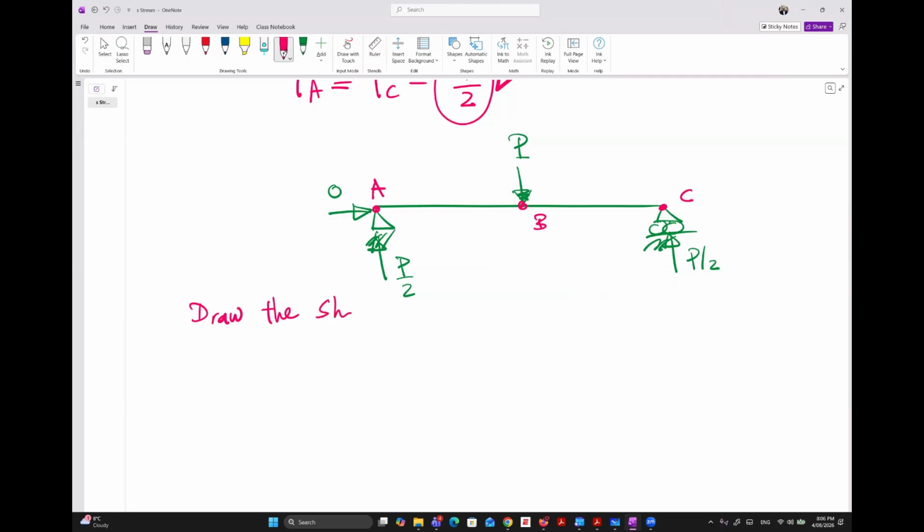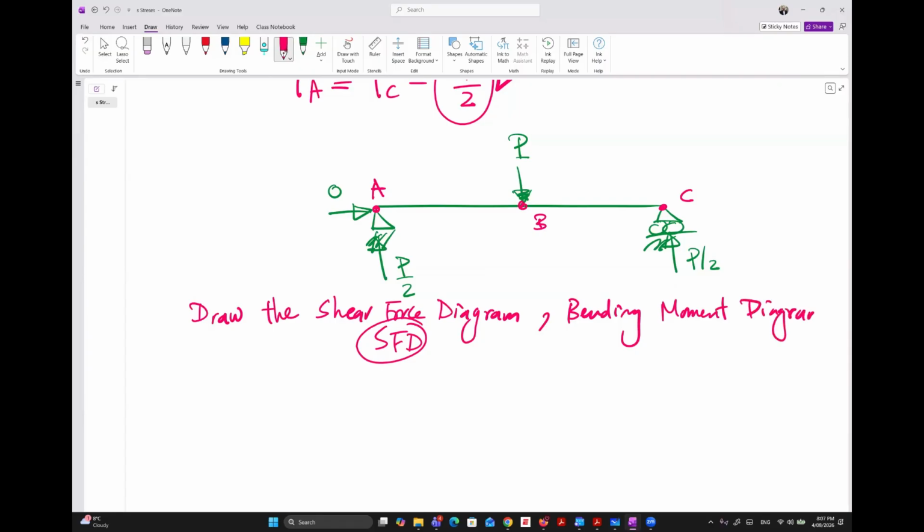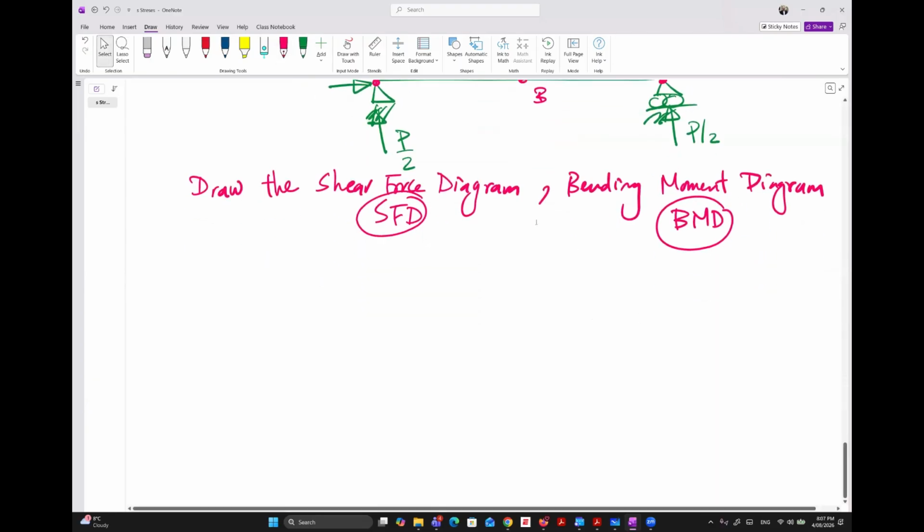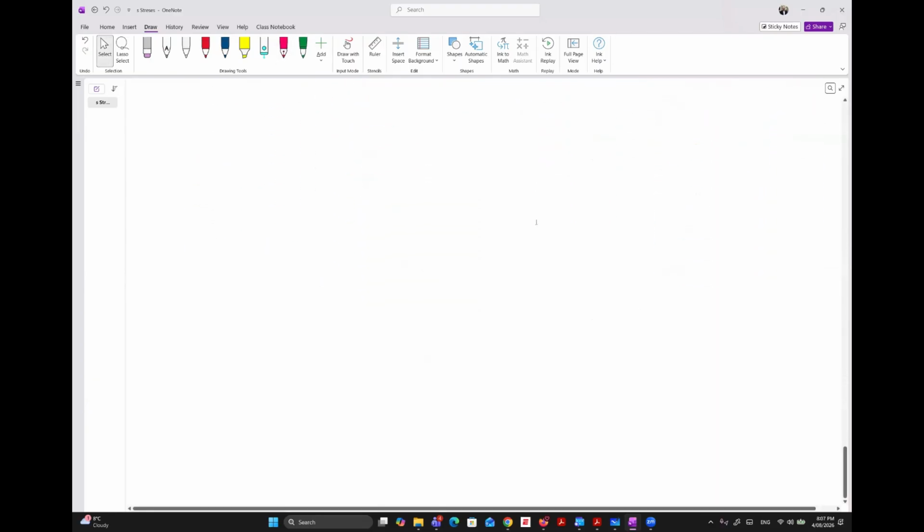So we need to know how to draw the shear force diagram, and we call it SFD, and the bending moment diagram, or BMD. So this is an important part of what we need to know today.